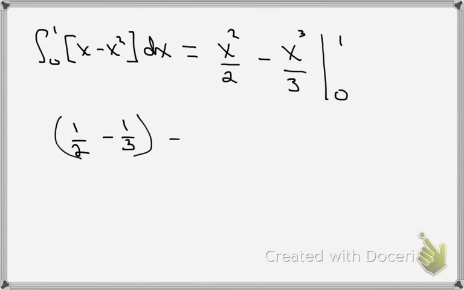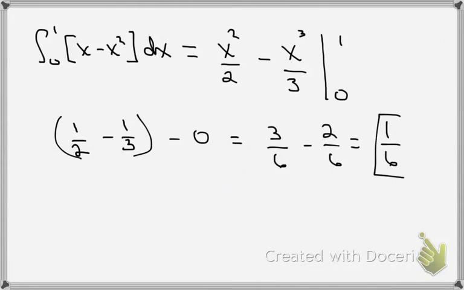Minus, when we plug in the lower limit, we just get 0. So this is equal to 3/6 minus 2/6, which is 1/6. So the area between those two curves is 1/6, and if you like, we can say units squared.